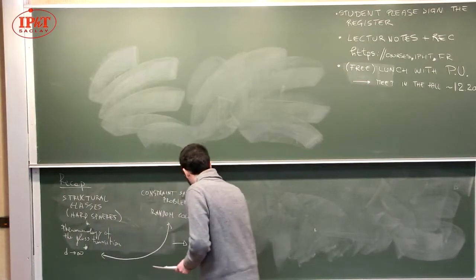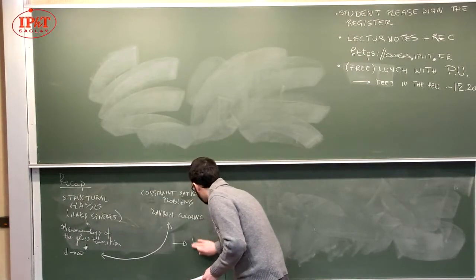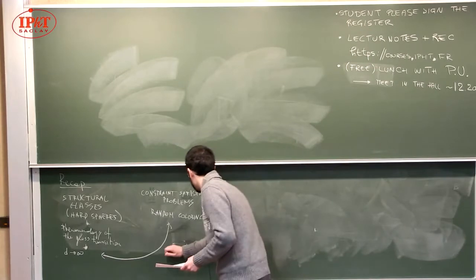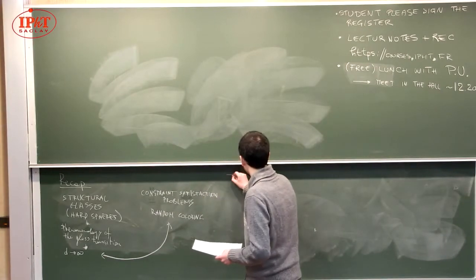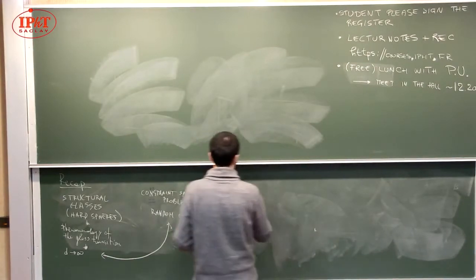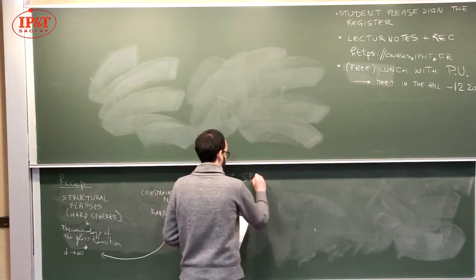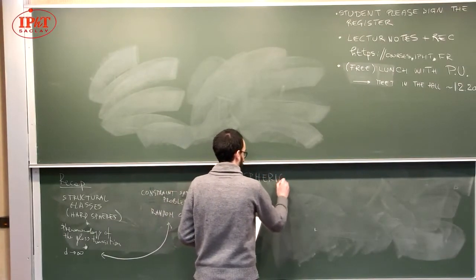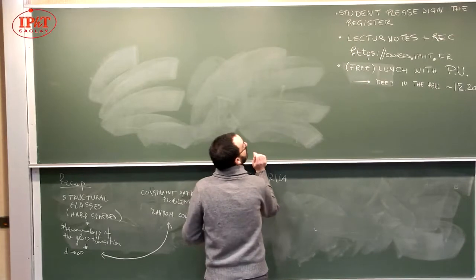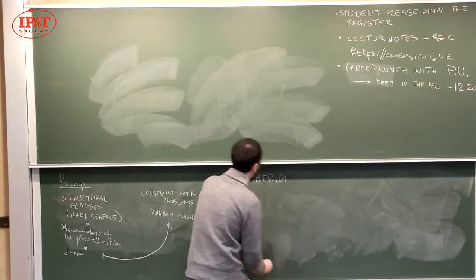And then starting from that, we introduced a model, that is the spherical random perceptron. Let me remind what was the model.